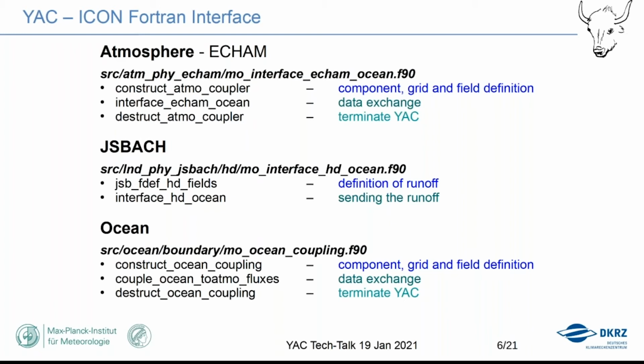Then there is a small part in JS-Bach, which handles the runoff, and then another module file for the ocean. For the atmosphere and the ocean, each contains 3 subroutines, one for the initialization and definition phase terminated by the search, then another subroutine for the data exchange, and then the destruction to terminate YAC.